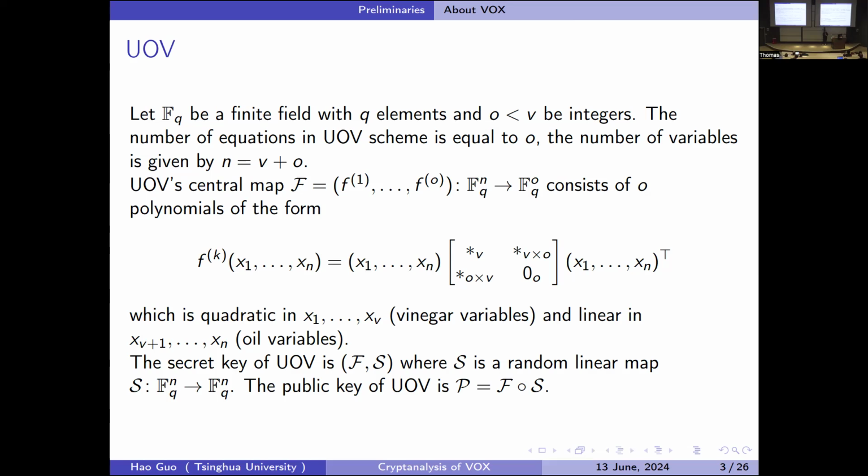The work of S is to mix the variables together and make it difficult to distinguish.